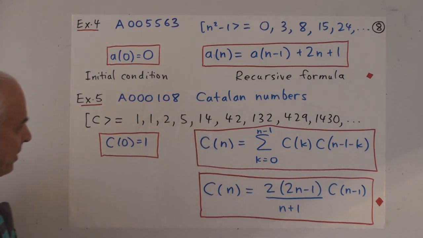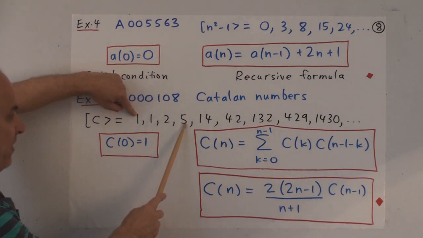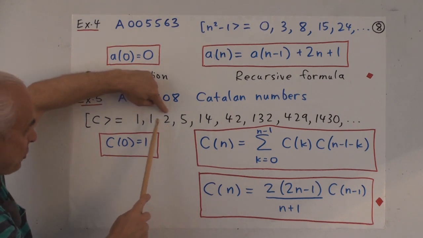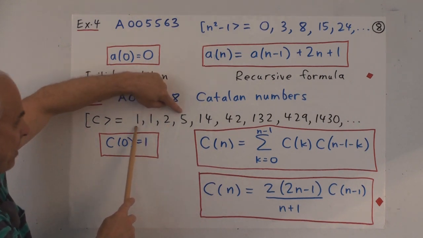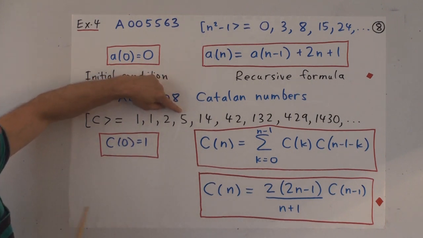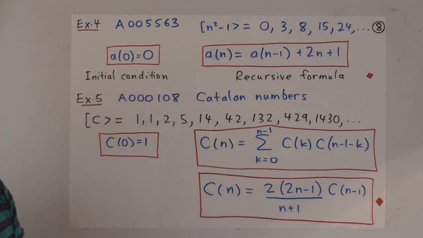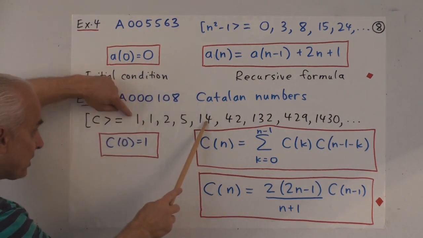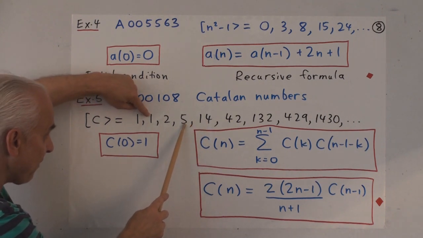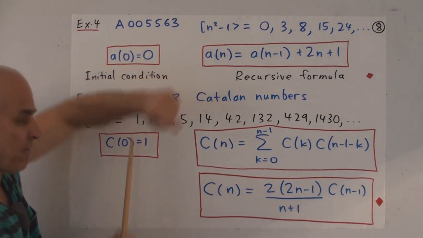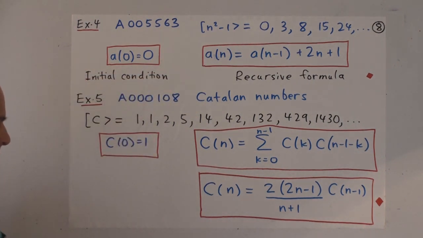So to calculate this one, we multiply 1 times 5, that's 5, 1 times 2, that's 2, 2 times 1, that's another 2, and 5 times 1. And we add those all together. So 5 plus 2 plus 2 plus 5 is a total of 14. So 42, for example, is 14 plus 5 plus 4 plus 5 plus another 14. 28 plus 10 is 38 plus the 4 is 42.